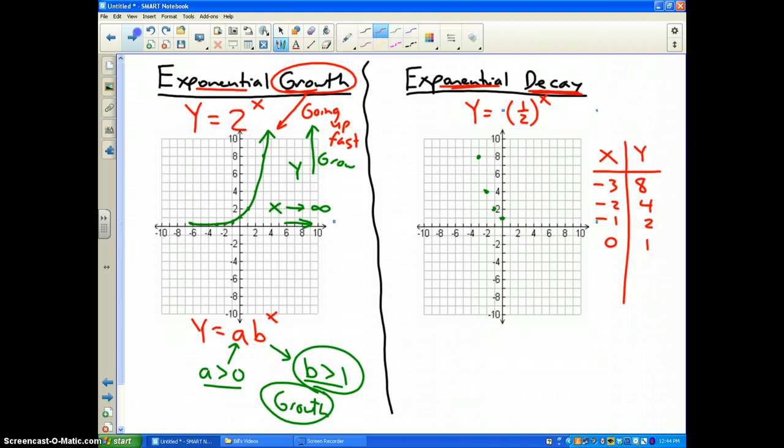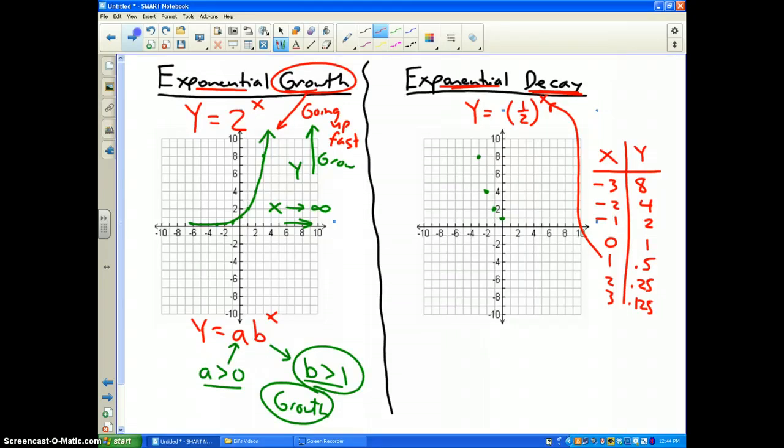Now, let's put some positive values for x in there. If I put 1 in for x, and have it be my exponent, I would get 0.5. If I would put 2 in for x, I'd get 0.25. And if I'd put 3 in for x, I'd get 0.125.